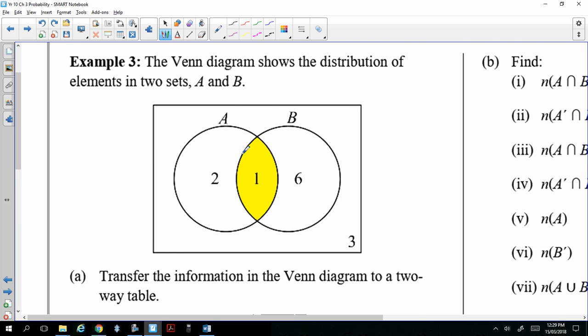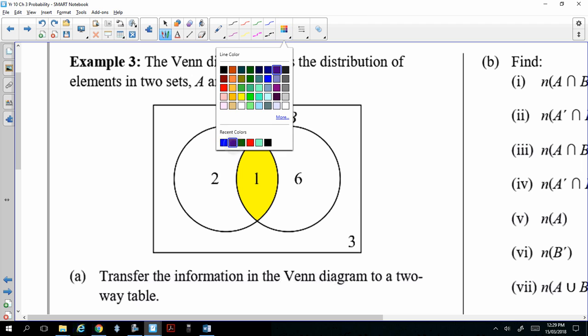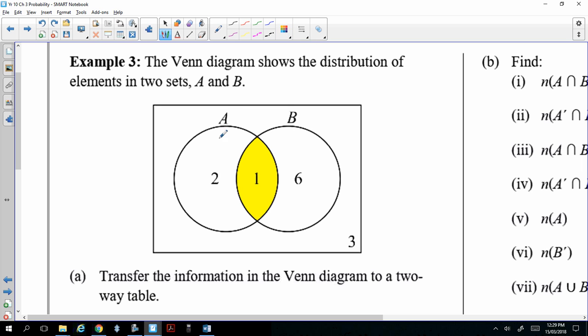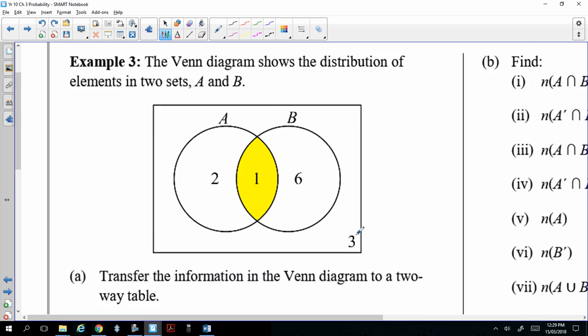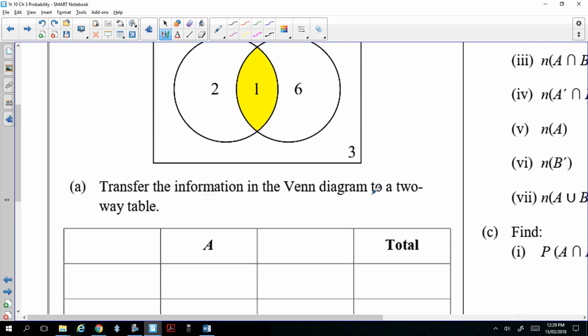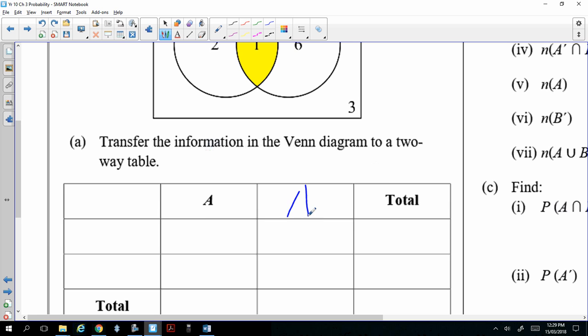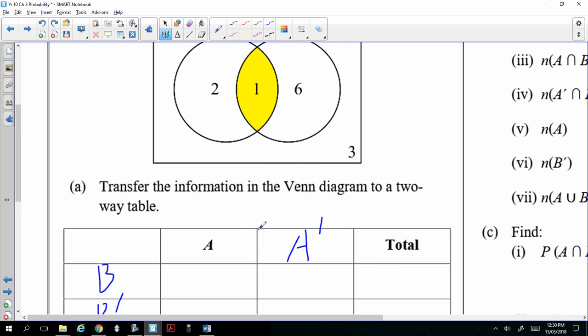So we have a Venn diagram with A and B. The numbers are indicated there. So transfer the information onto the two-way table. So you got in A, B, not in B first. So the first one, A and B, is 1, goes here. And the next one, in B but not in A, so B only.